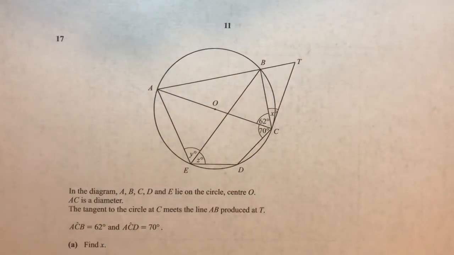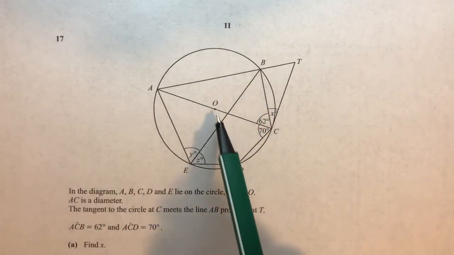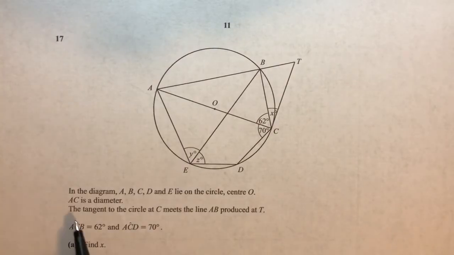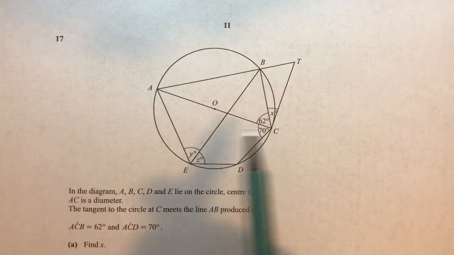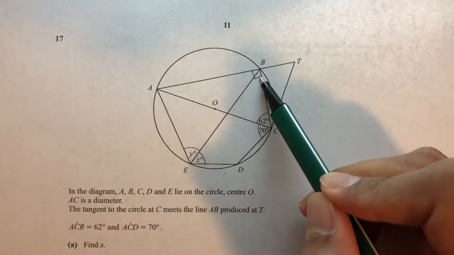Question number 17. In the diagram, A, B, C, D, and E lie on the circle center O. So we have points A, B, C, D, E, and center O. So we have AC is a diameter, which means this angle is 90 degrees.